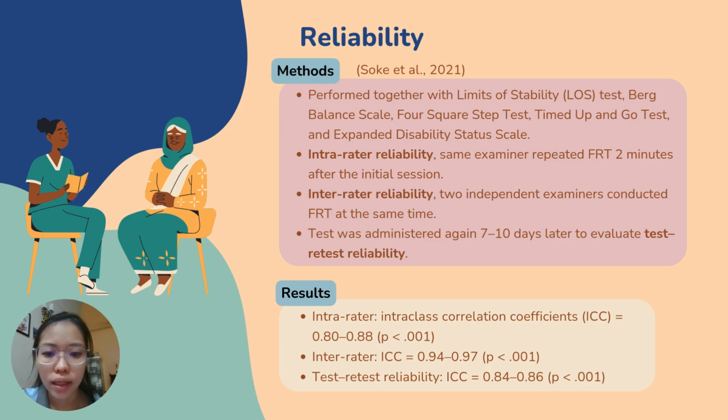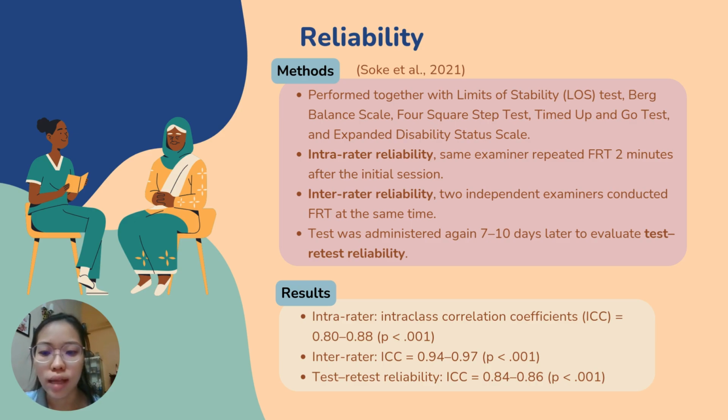Intra-rater reliability is when the same examiner repeated the functional reach test 2 minutes after the initial session. Inter-rater reliability is when two independent examiners conduct the functional reach test at the same time. The test was administered again 7 to 10 days later to evaluate the test-retest reliability.